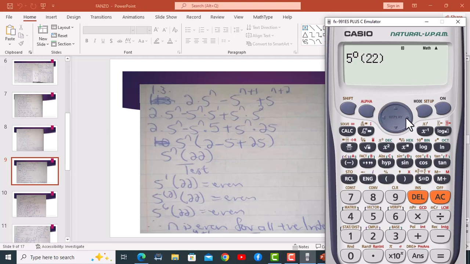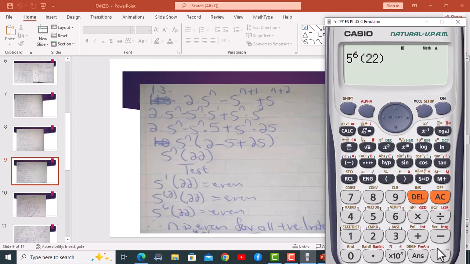So I went on and I did with 1. Is this even? Of course. And I went with 2, and this is even. So you can do it with any positive integer value of n.